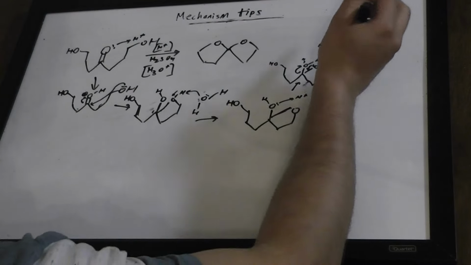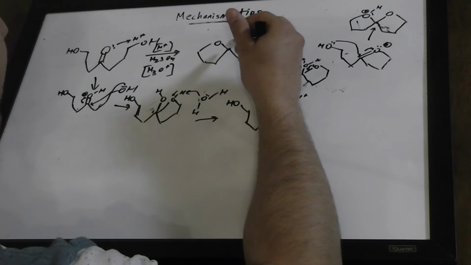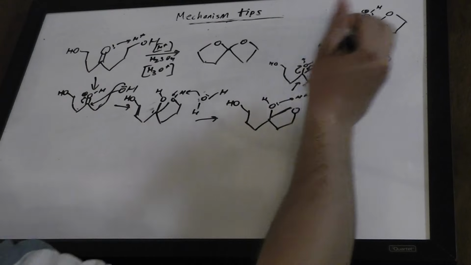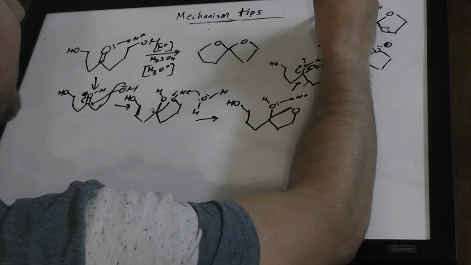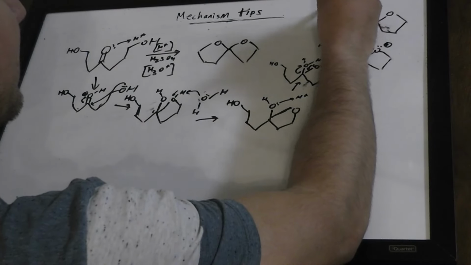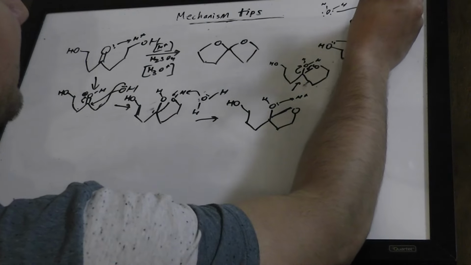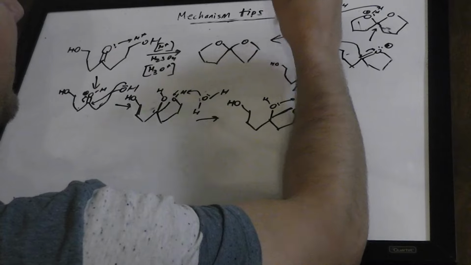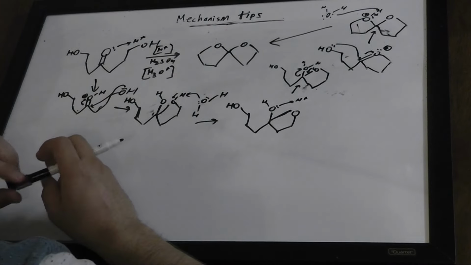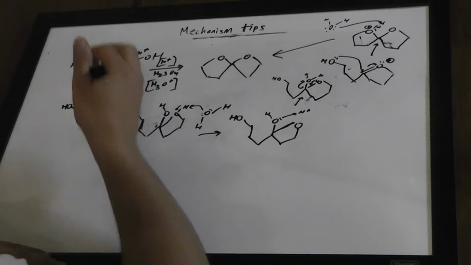The last thing is this has a positive charge, and this is neutral, and the starting material is neutral. So we still have to deprotonate that last H, that last proton. So that is then the final product.